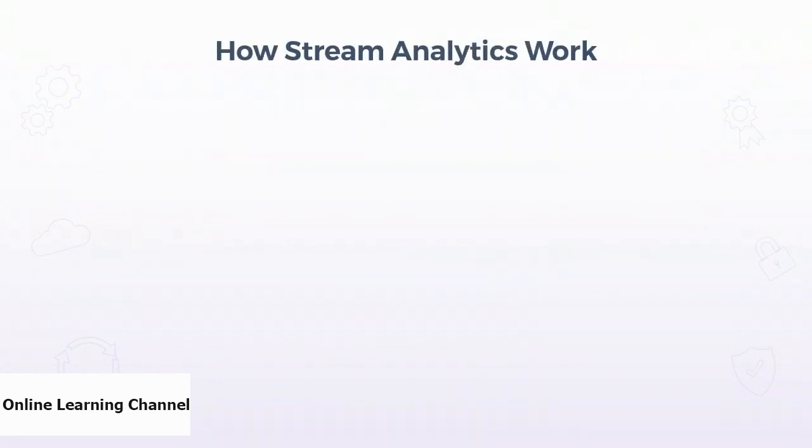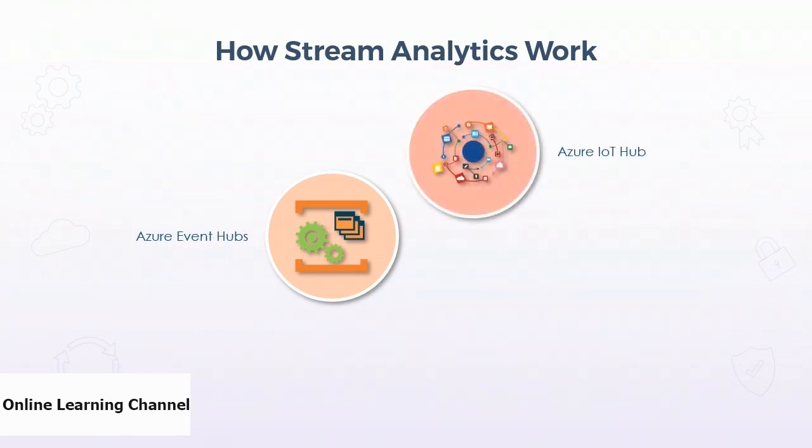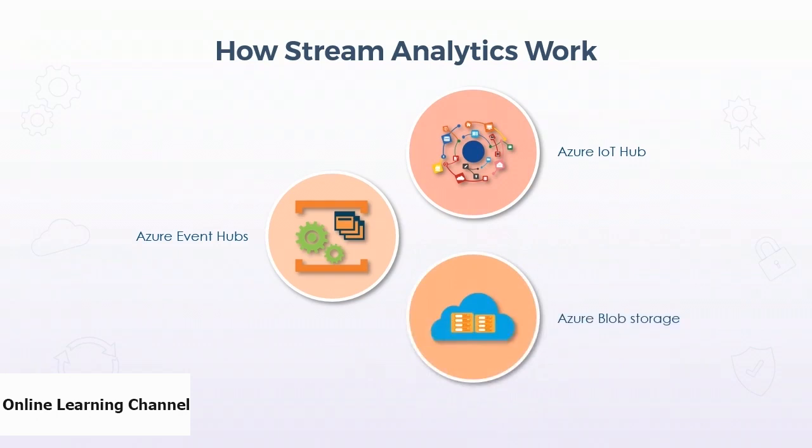Now let's talk about how Stream Analytics works. Stream Analytics can be broken down into three distinct parts: input, query, and output. Data can be input from Azure Event Hubs, an IoT hub in the case of IoT device data, or Azure Blob Storage. The query aspect is where the analytics are performed as data flows in from the input, and it's a language based on the SQL query language.